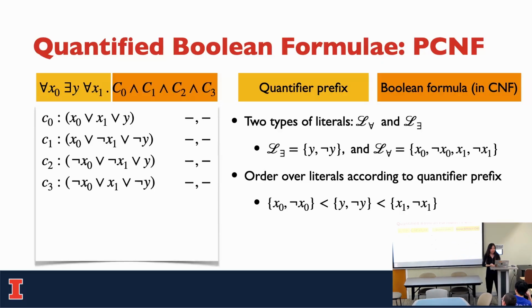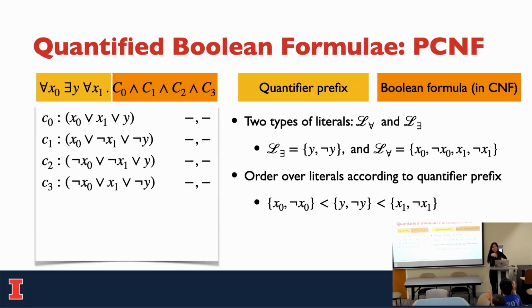Okay, now I want to ask you a question. Do you think this formula is true or false? How many of you think it's true? How many of you think it's false?